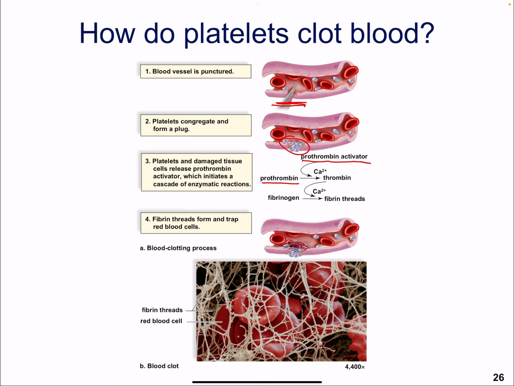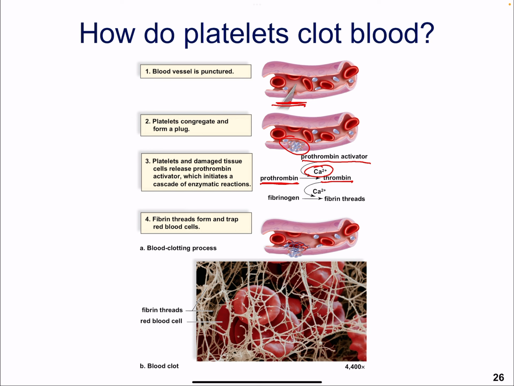That prothrombin activator, in presence of calcium, is going to cause prothrombin to become active. And at that point, when prothrombin is active, we call it thrombin.